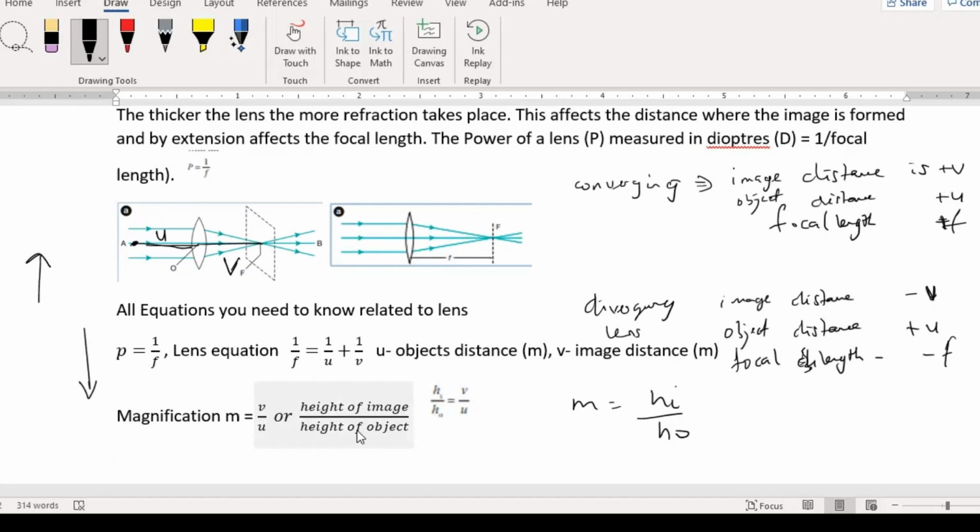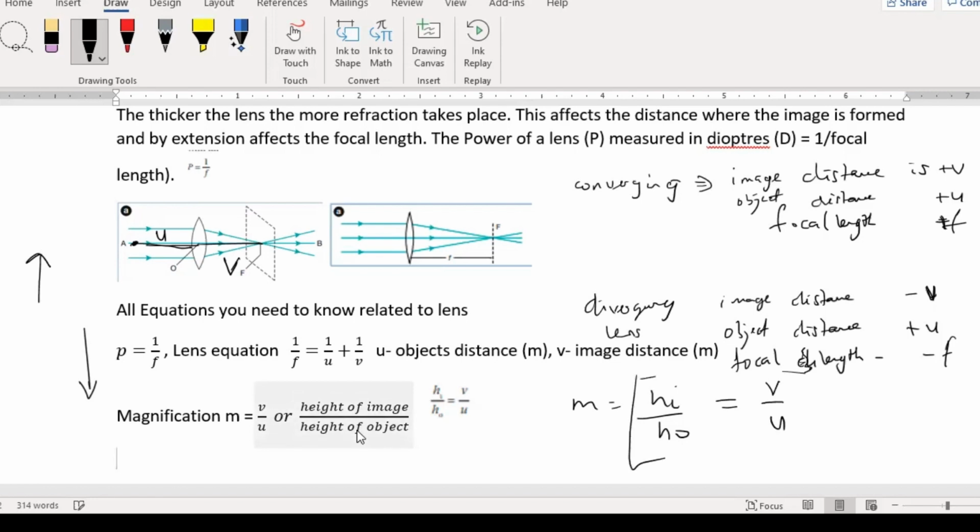So what I want you to pay attention to here is that sometimes they can tie different things together. What if you weren't given all the information? They want you to find the object's distance, but maybe you know the image distance. Then you could link these two formulas together.